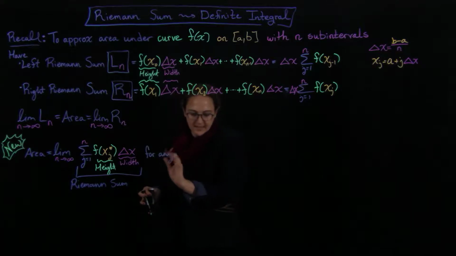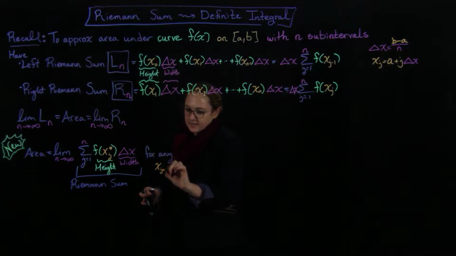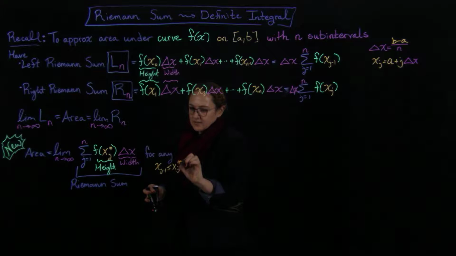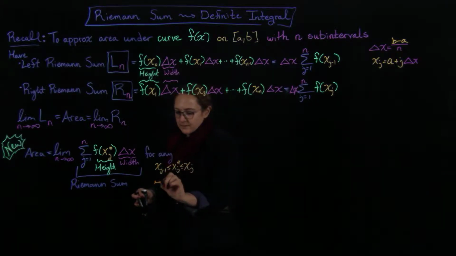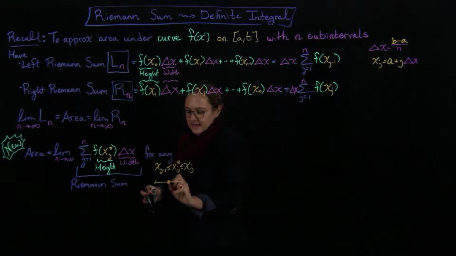So you're always going to have it in that interval. So maybe the way to write it is that xj minus 1 is less than or equal to xj star is less than or equal to xj. The point really is that we're in this subinterval between xj minus 1 and xj, and this xj star can be anywhere in there. It could be the left endpoint, it could be the right endpoint, and it could be dead in the middle or anywhere.